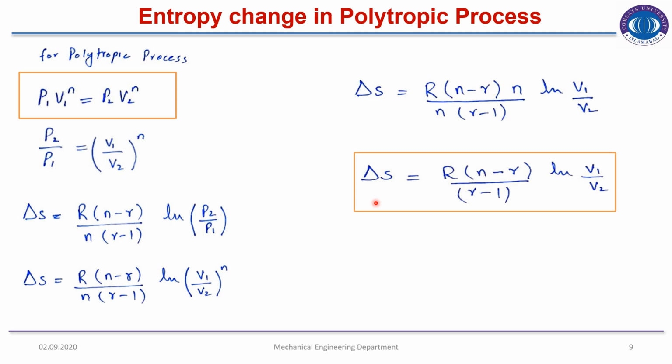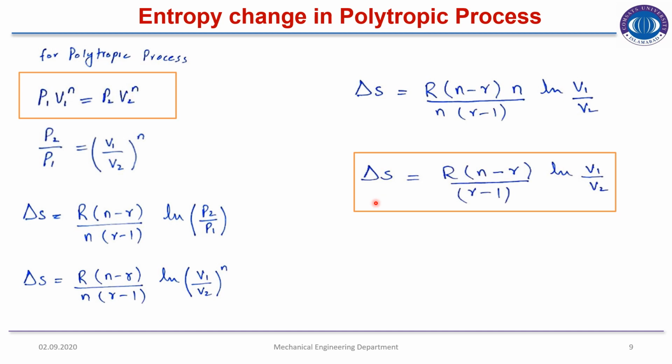So we have three main generalized relations for the polytropic process. Utilizing all three relations, we have derived the relation for entropy change for the process. In one relation we have the temperature ratio, in the second relation the pressure ratio, and in the third one the volume ratio.